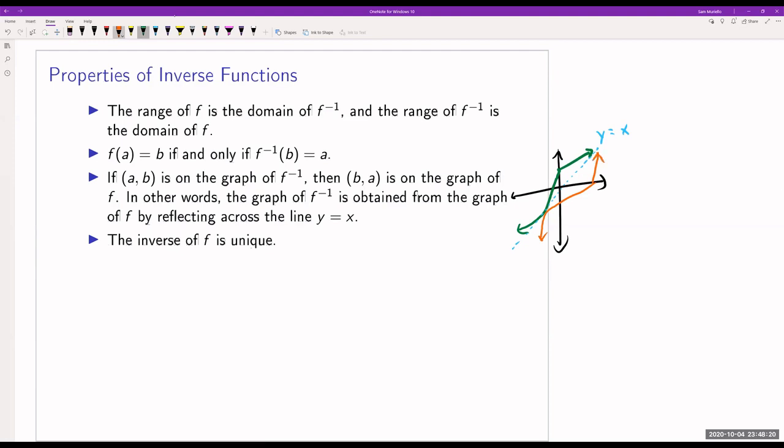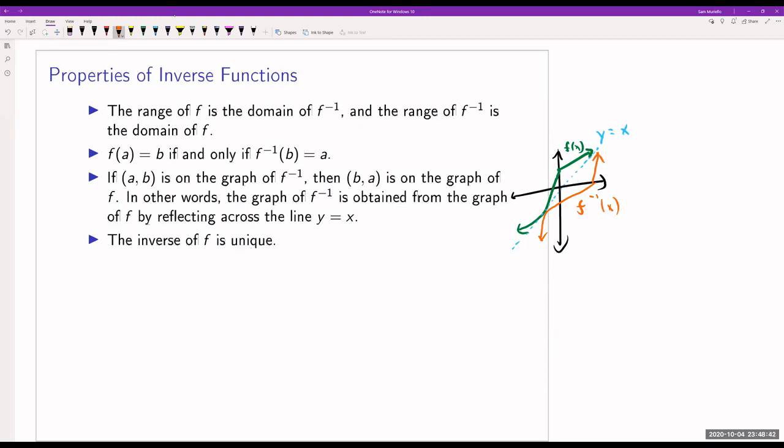So if the top function was the original f of x, the bottom function would be the inverse, f inverse of x. They are mirror reflections of each other across the diagonal line y equals x.